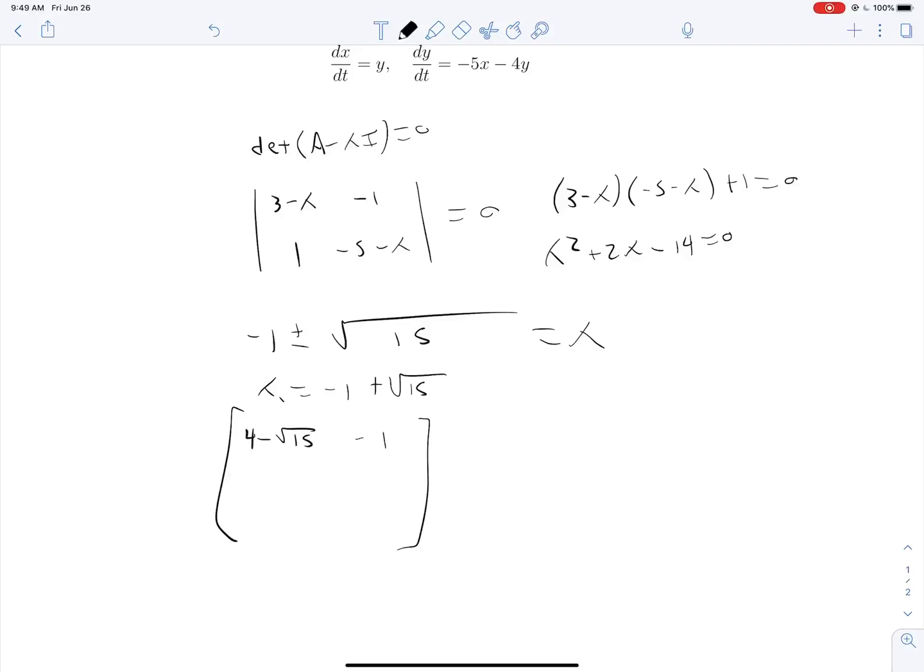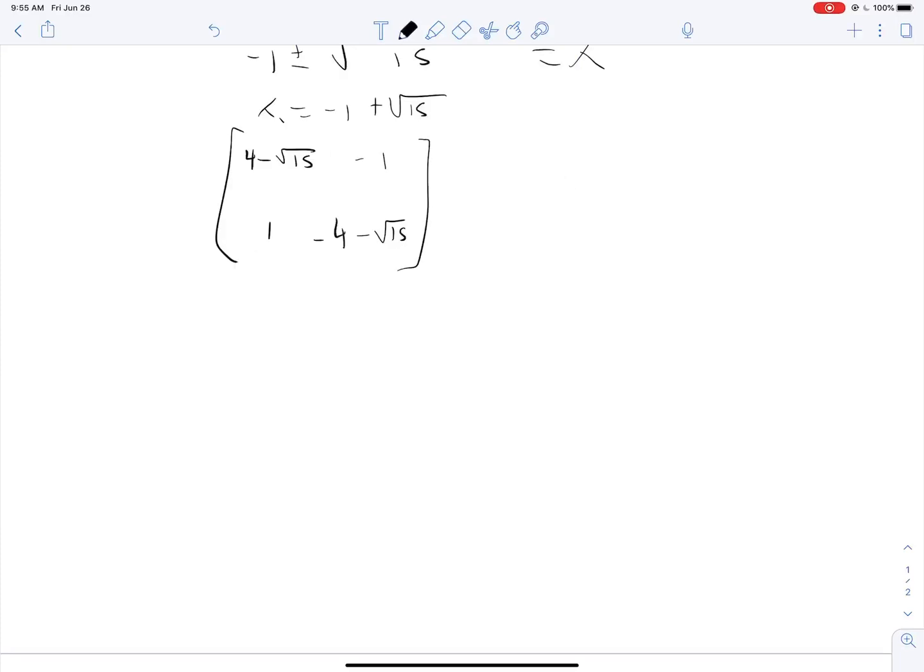And then we still have our negative 1, our 1, and then minus 4 minus root 15, like so. So now that we have A minus lambda I, we can find our first eigenvector using row 1. That's just going to give us 1, 4 minus root 15, like so. We'll say that's v1.